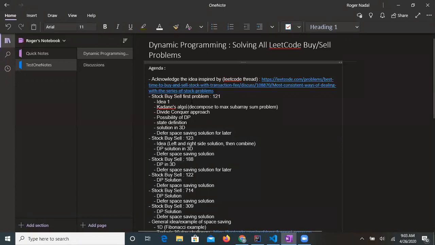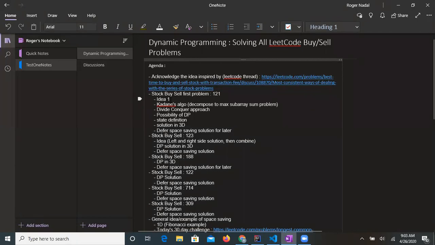So we'll start with the first stock buy sell problem, and then we'll go through some unrelated ideas, like very easy approaches. I will go with idea one, then Kadane's, then a divide and conquer approach. And then we will go through some DP approach, which is the approach from the Leetcode thread I was discussing about.